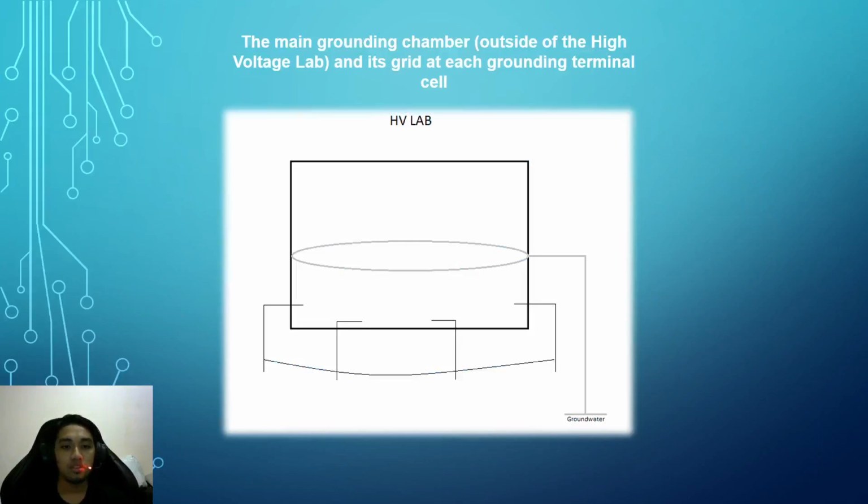As you can see here, the main grounding chamber outside of the high voltage lab is being meshed or looped. The grid at each grounding terminal has its own grounding, which means it cannot be the same as the building grounding.